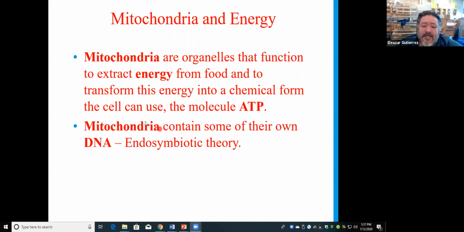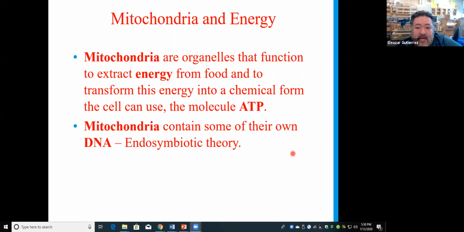Okay. Another thing that's very interesting that you should remember is that mitochondria contain some of their own DNA. And this relates to a concept called endosymbiotic theory, where we believe that eukaryotic cells captured mitochondria and plant eukaryotic cells captured chloroplasts, and that mitochondria and chloroplasts were once free living organisms that have since become indentured servants of eukaryotic cells.